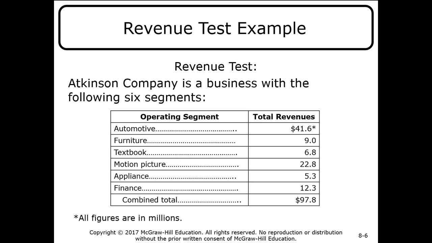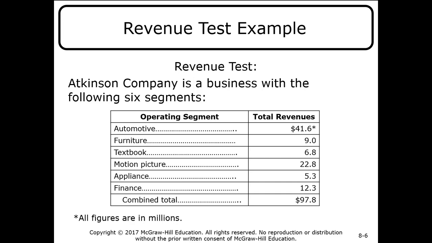Here's Atkinson company, which has 6 defined segments: automotive, furniture, textbooks, motion picture, appliance, and finance. And there are the revenues generated for the most current fiscal year. 97.8 is the total, so 9.8 is the threshold.